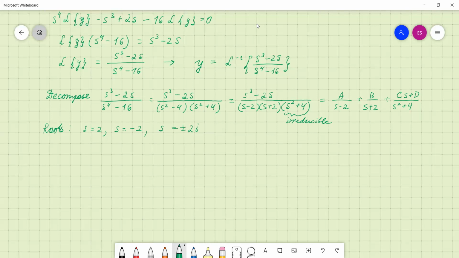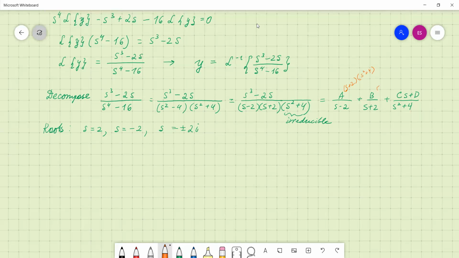You probably ask, okay, what should we do now? Well, now we'll need to multiply everything to bring it to a common denominator, right? So what is missing here? Let me use a different color. Here is missing s plus 2 and s squared plus 4.